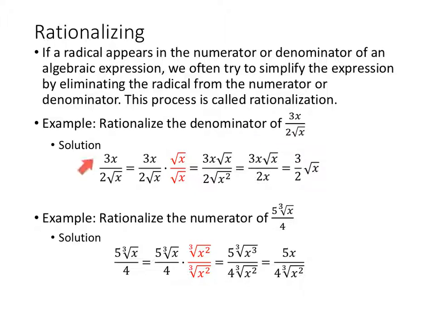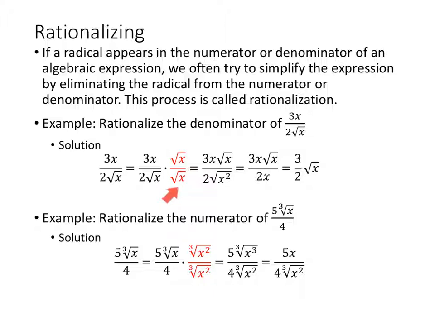So I ask myself, what can I multiply this denominator by to make the radical, quote, go away? Well, if I multiply the square root of x by itself, that'll give me the square root of x squared, and the square root and the square are opposite operations, and I have an identity operation. So I'm going to do exactly that.